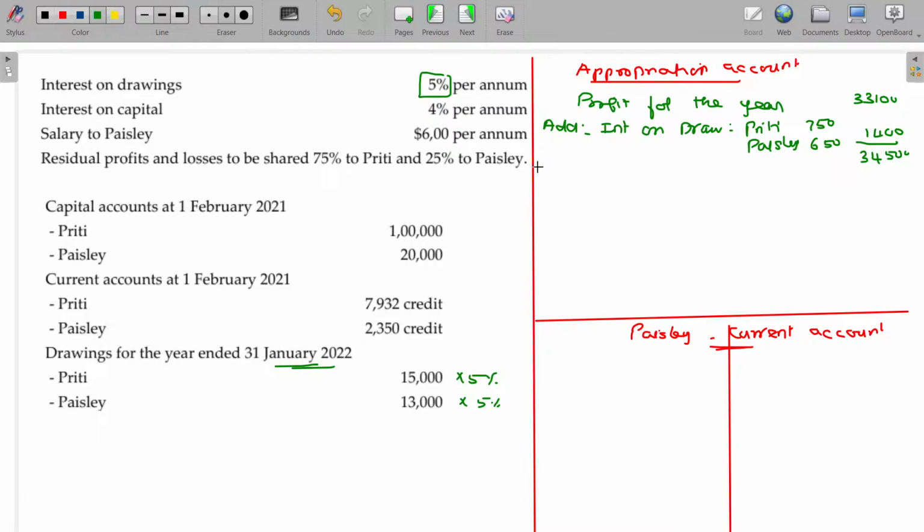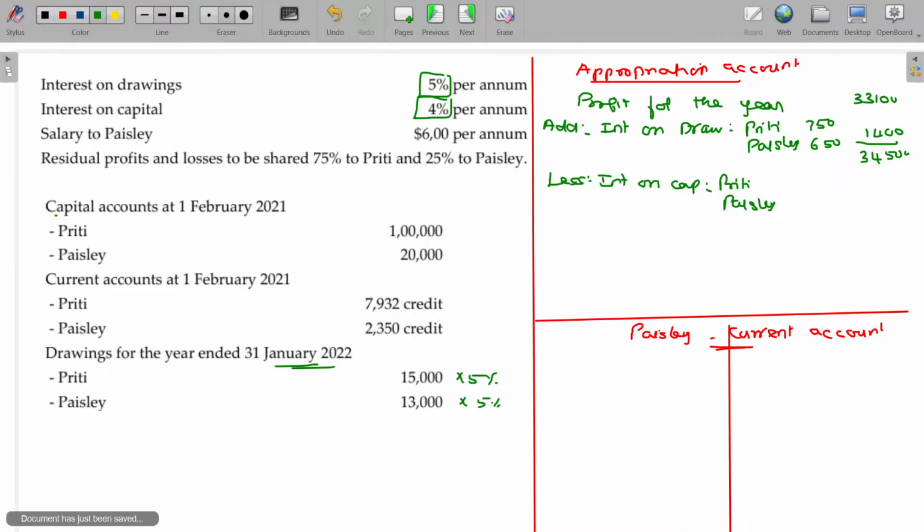Now you have to subtract, less. So what will be deducted? Interest on capital for Preeti and for Paisley. Okay.